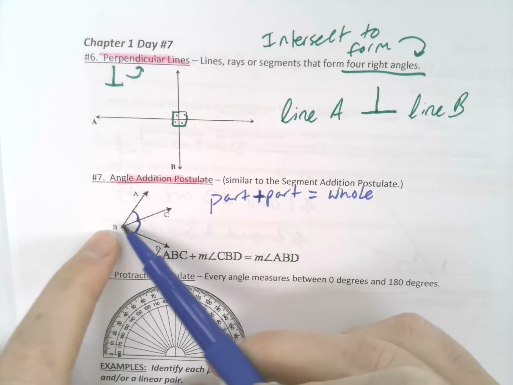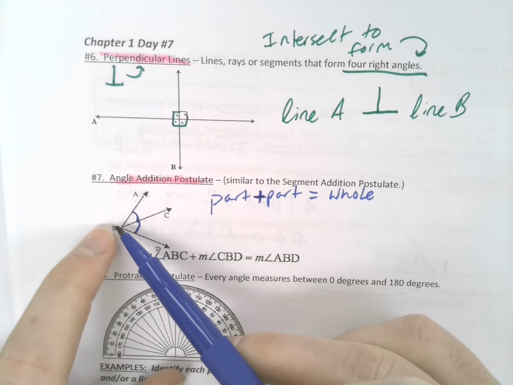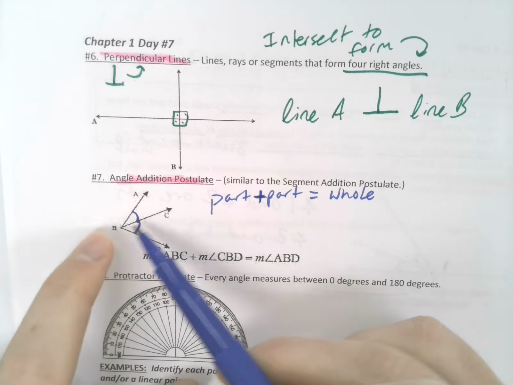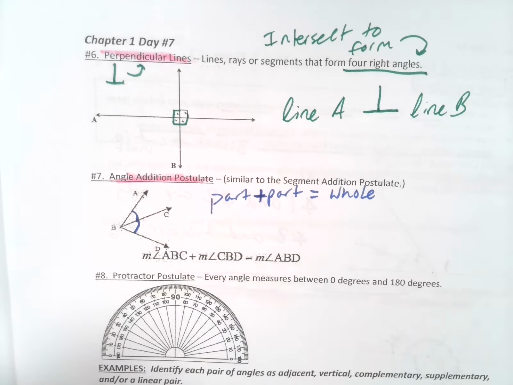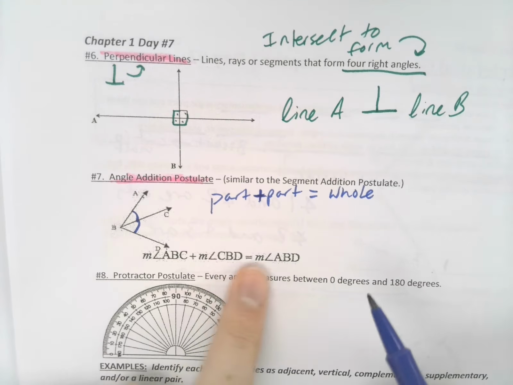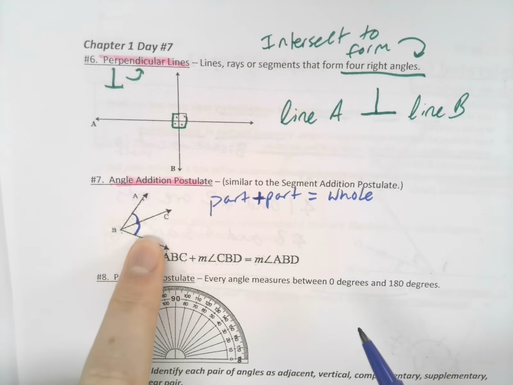So angle ABC plus angle CBD would add up to be the whole angle of ABD. You can see that down here. Part plus part equals whole.